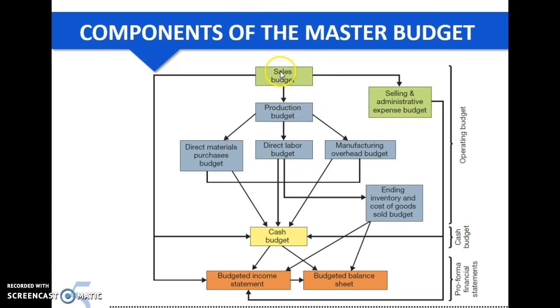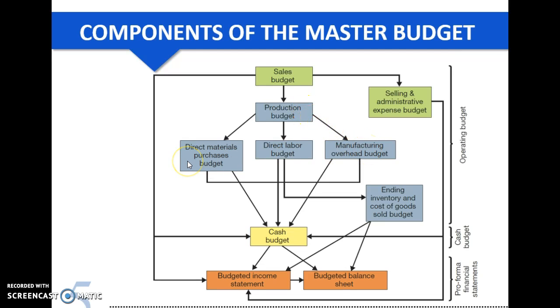Right under the sales budget, you have the production budget. The production budget gives an estimate of how many units of a product a company needs to produce in order to be able to sell the budgeted number of products. Based on the production of the final product, a company estimates how much direct material is needed and what other manufacturing overheads are required.